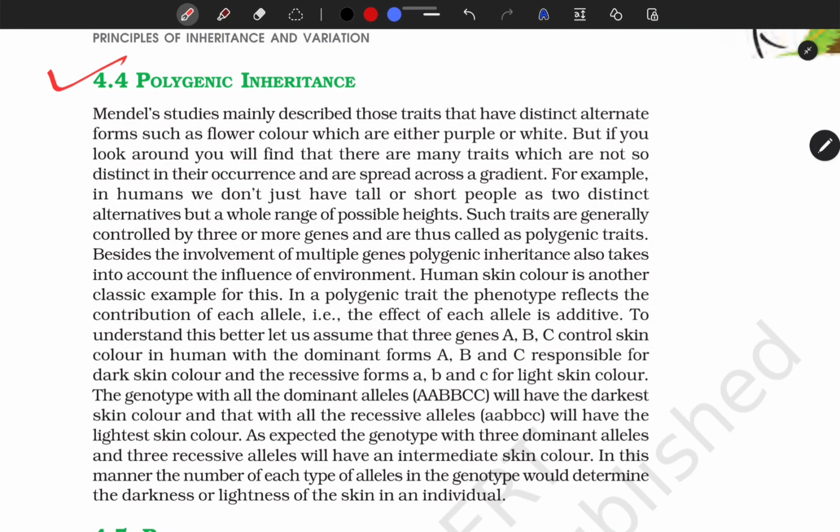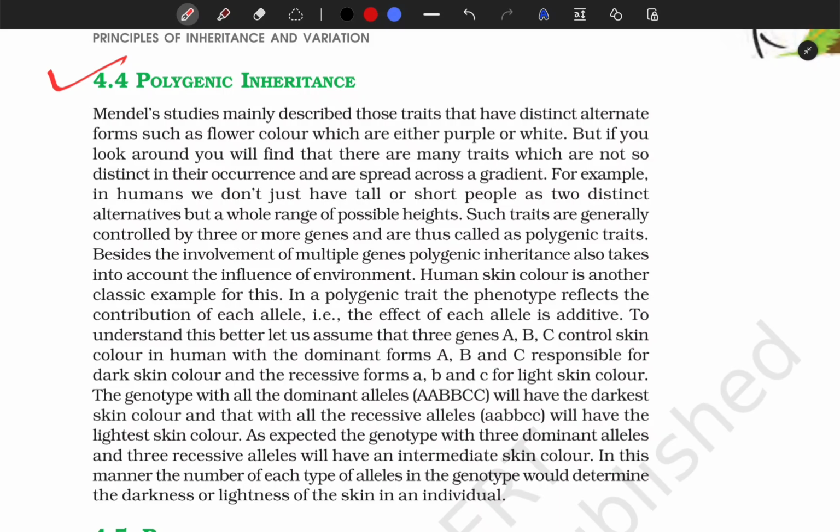4.4 Polygenic inheritance. Mendel's studies mainly described those traits that have distinct alternate forms such as flower color, which are either purple or white. But if you look around, you will find that there are many traits which are not so distinct in their occurrence and are spread across a gradient.